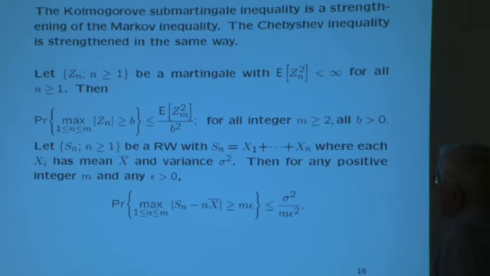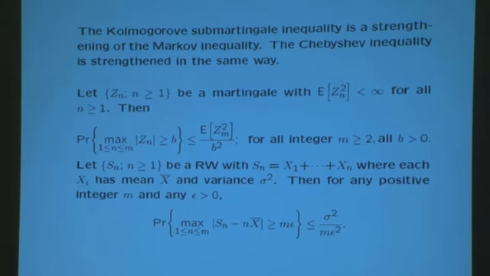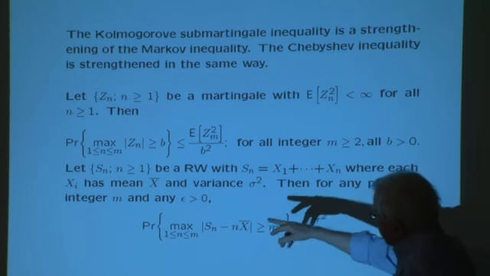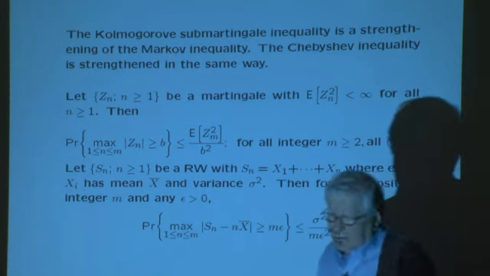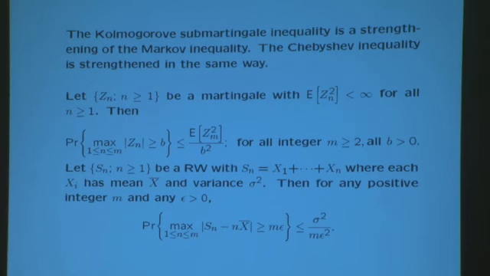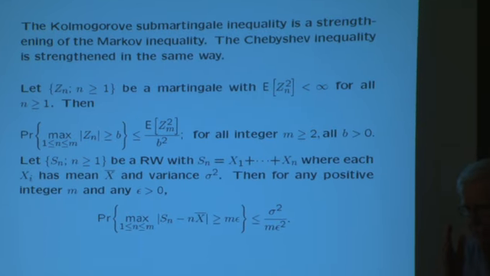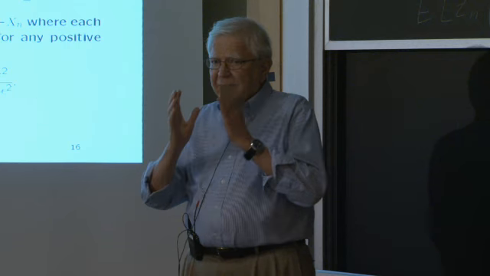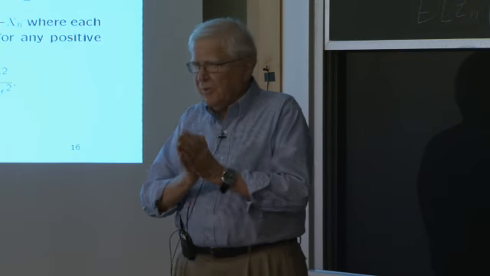What happens if you apply this to a random walk? You replace this Z_n with the sum of the random variables in the random walk minus the mean of those random variables. We have seen that a zero mean random walk is a martingale.